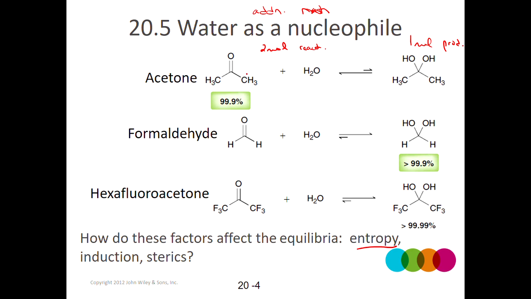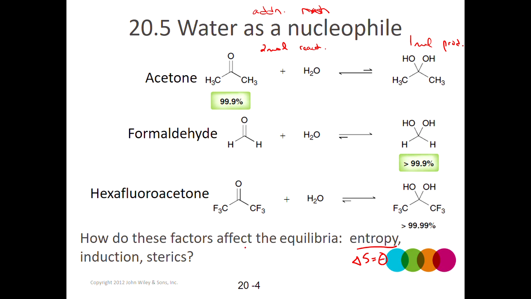And we know addition reactions combine 2 moles into 1, so there's a decrease in entropy, a negative delta S, and that disfavors the product side. We know the universe favors the side with more entropy because those particles have more variety in the ways that they can move and be positioned in space. So that's one factor. If that were the only factor, obviously all these equilibria would favor the reactant side rather than the products.